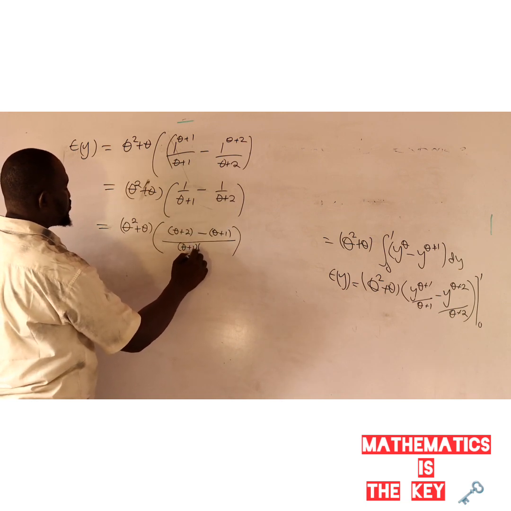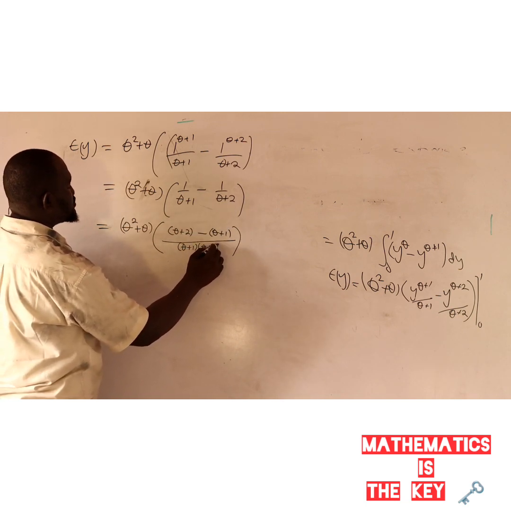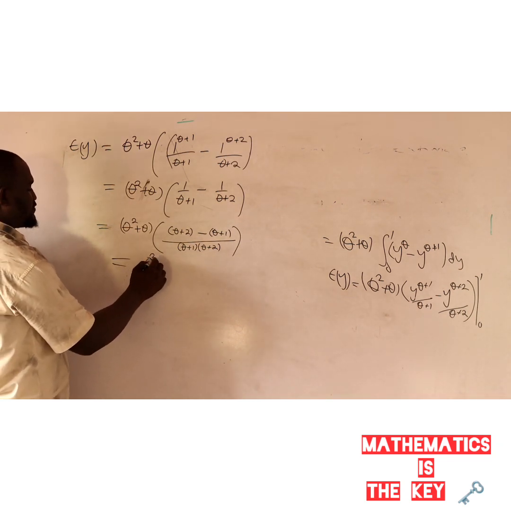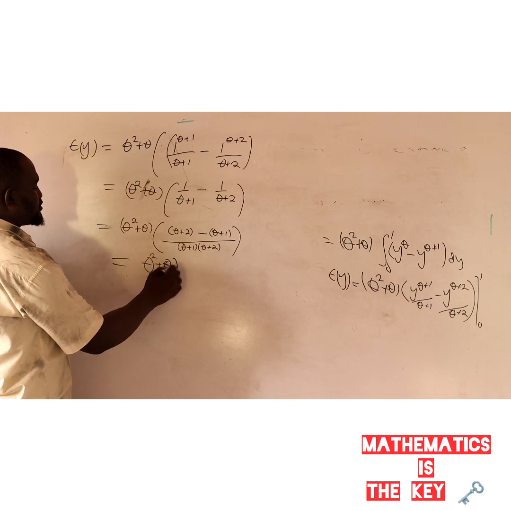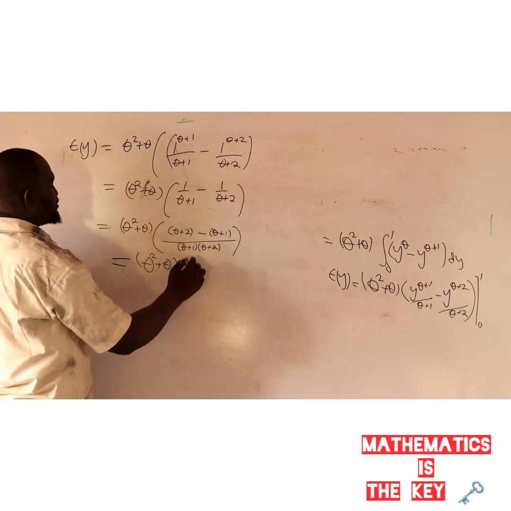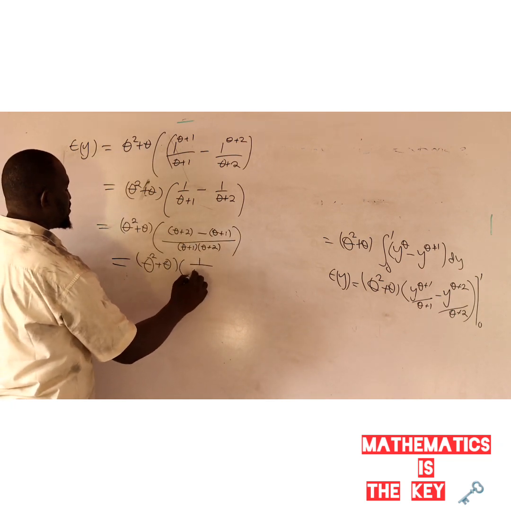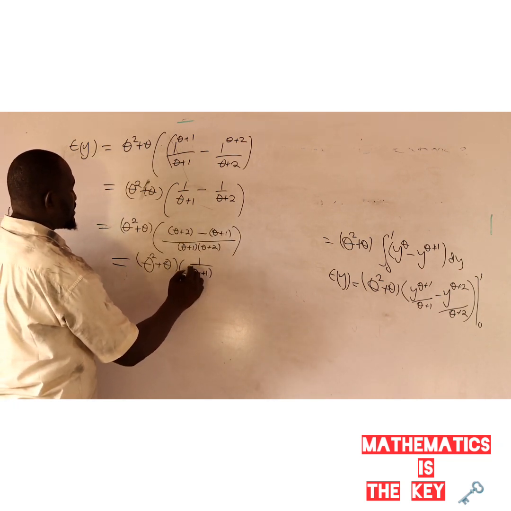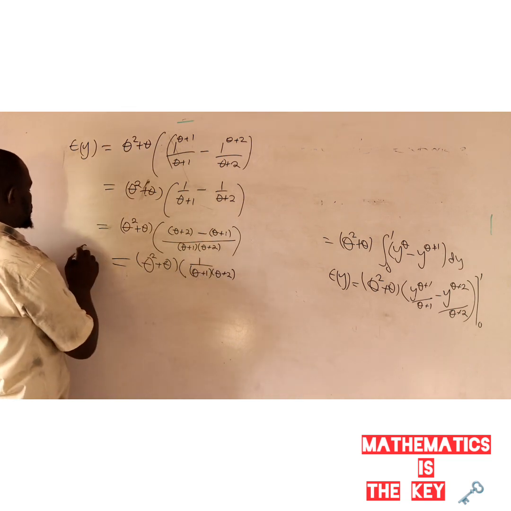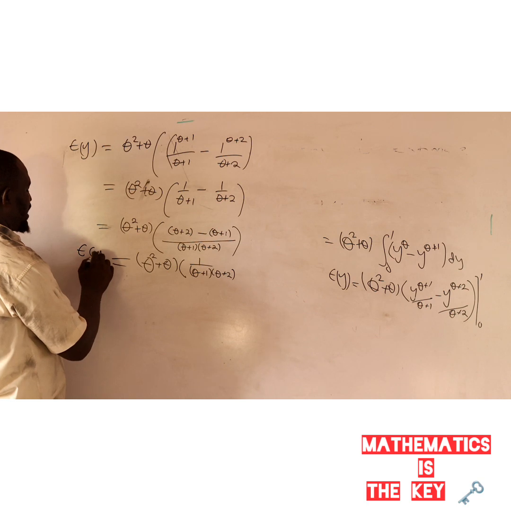So we have theta plus 1 and theta plus 2. This can be simplified as theta square plus theta. Opening the bracket, theta minus theta will go, 2 minus 1 is 1. So we have 1 all over theta plus 1 and theta plus 2 is equal to expectation of y.